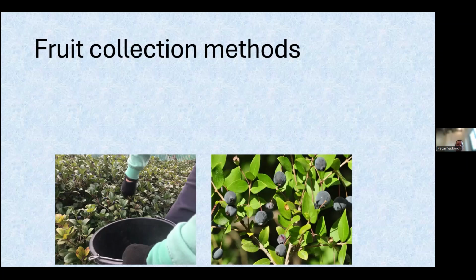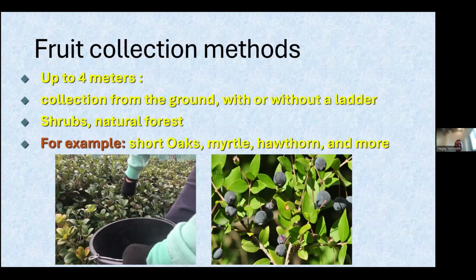If we speak about trees or shrubs that are up to 4 meters, of course the collection will be from the ground, with or without a ladder. I mean shrubs or a natural forest, for example, short oaks or myrtle or hawthorn. So we just collect the fruit by hand.